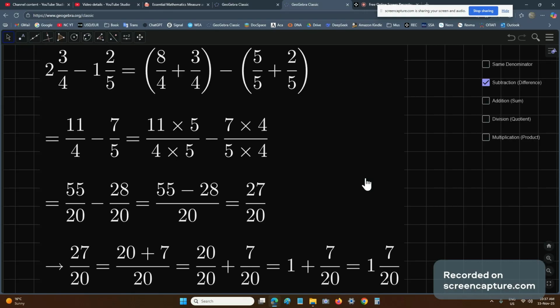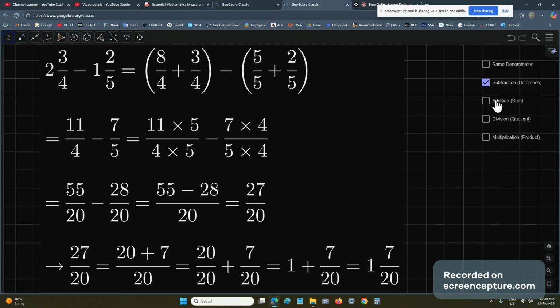And of course, 8/4 is just taking this as converting the 2 into quarters, and then adding 3/4, which is this part here, right? But we could have also said 2 minus 1, and that's 1 that you see down here, and then done this as a straight forward fraction, which is 3/4 minus 2/5. That's another way of doing it. So there are many ways of doing these things.